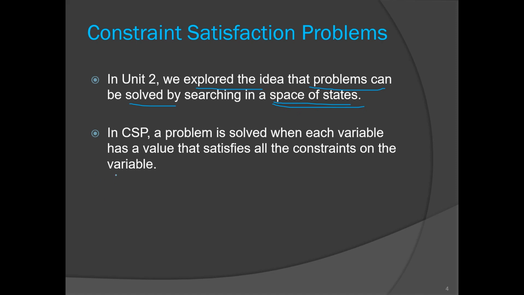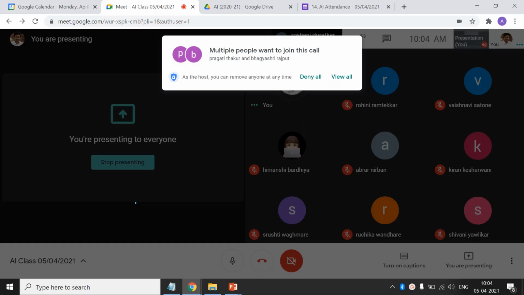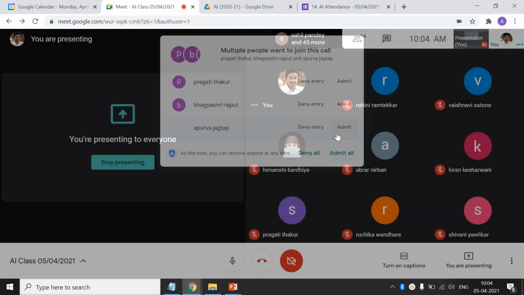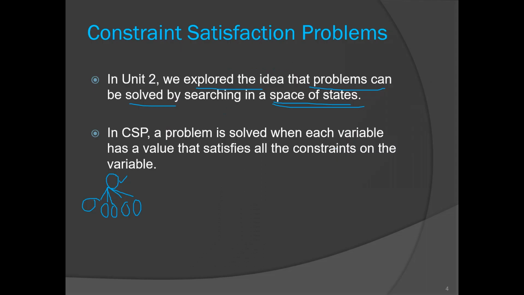If you remember, we used to start with the initial configuration, that is the initial state, and we used to apply all possible actions on that initial configuration, thereby generating successor nodes. And we apply the same process on the successor nodes, and we used to continue like that, thereby generating a tree which is known as a search tree.